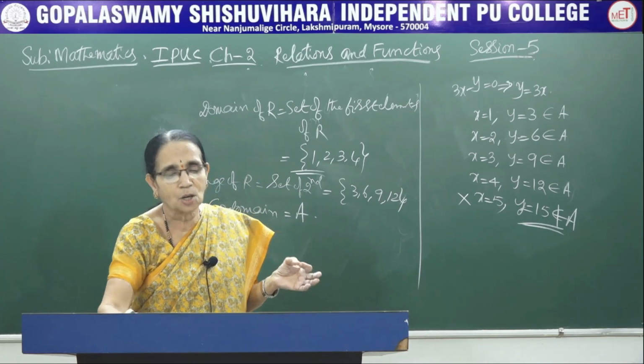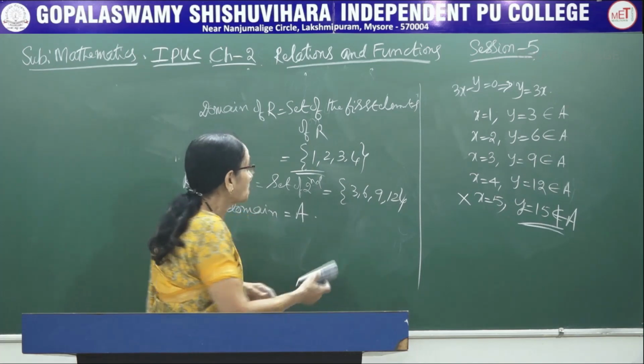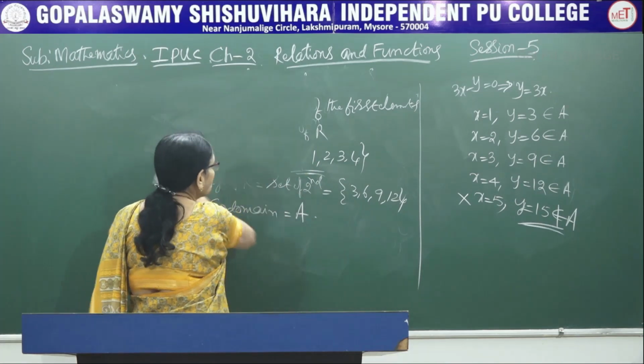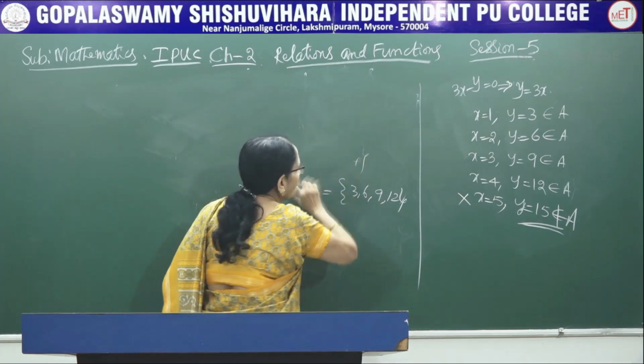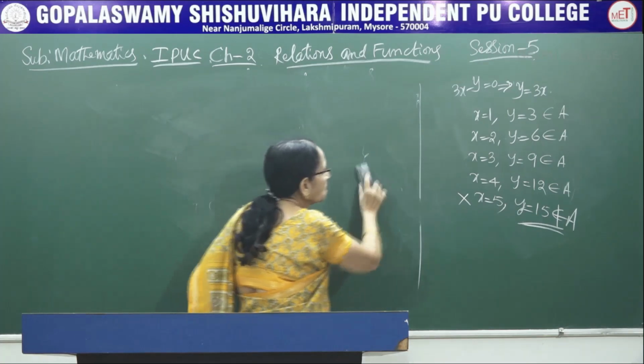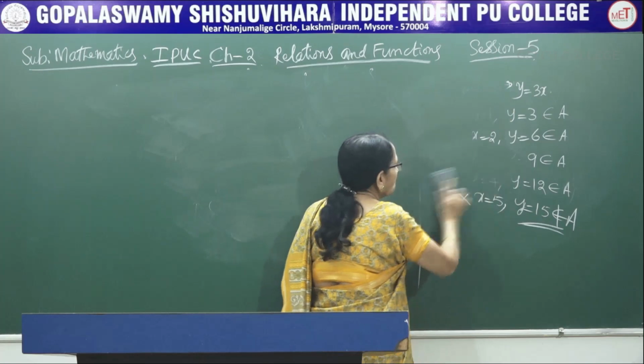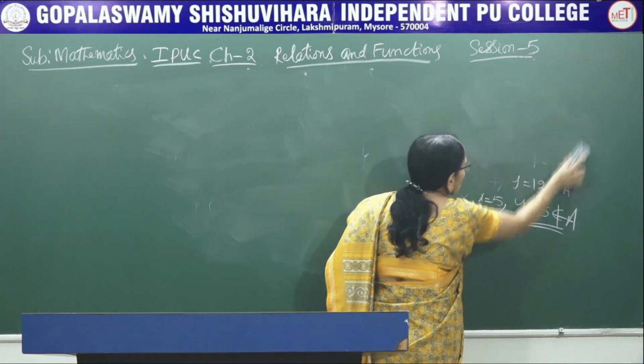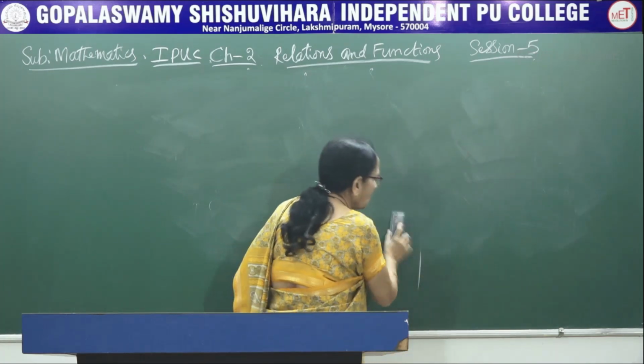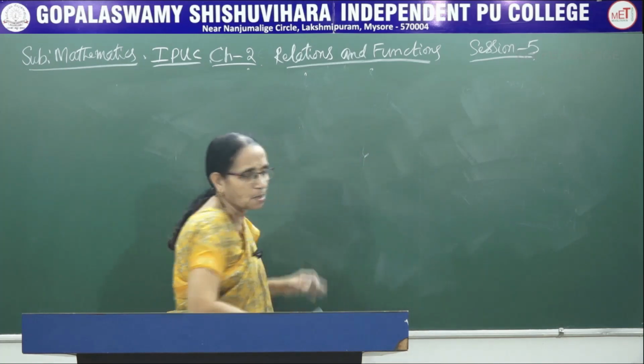Writing the domain and range, you have to be careful because the domain is the set of the first elements of the relation R, and range is the set of the second elements, or set of the images of the elements of the first set, you can say.